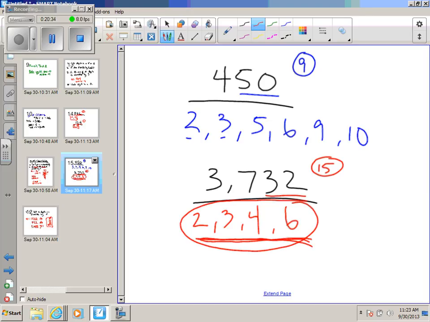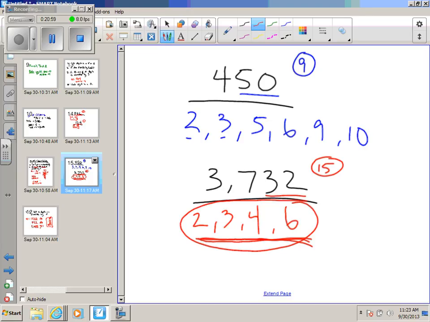Like if you missed on this one, chances are you missed because you didn't put something down that should have been there. Am I right or no? Like no one's going to put a 5 there, right? Did anyone put a 5? Anyone put a 10? So, I mean, you're more likely to miss them than to put ones there that shouldn't be. So take your time.